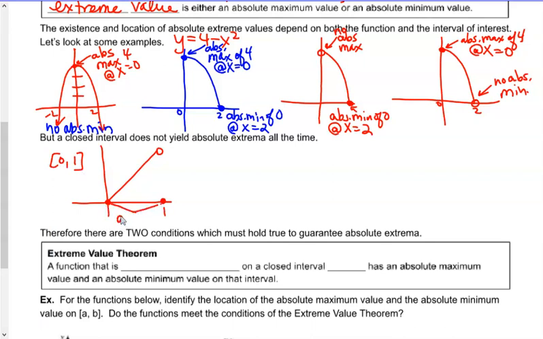These are my absolute mins because they are the lowest points that I have, and that minimum is 0, at x equals 0 and x equals 1. But there is no absolute max. There is not an absolute maximum there.